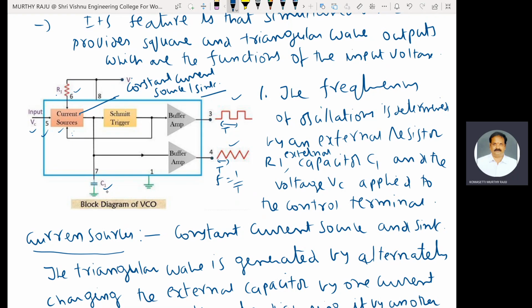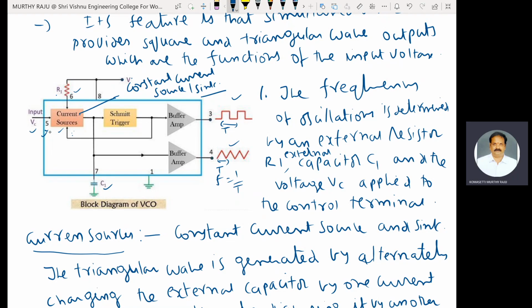Finally, the capacitor C1 is linearly charged or discharged by a constant current source and sink, which belong to current sources. The charging current can be controlled by the controlling voltage Vc applied at pin 5.